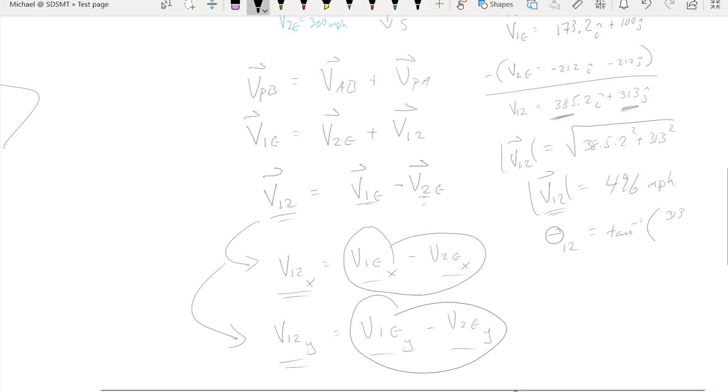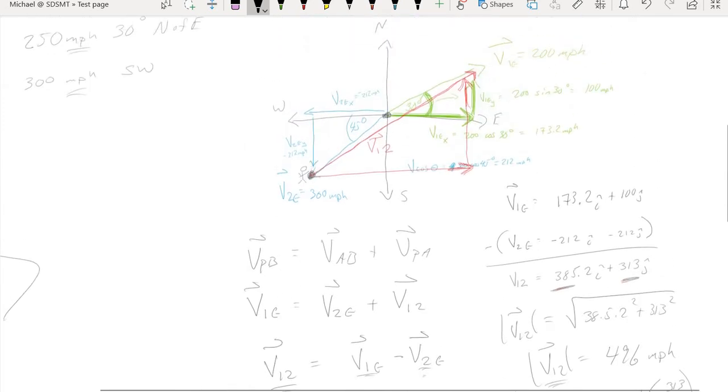We have 313 over 385, y component over x component. 313 divided by 385, and then we need an inverse tangent of that. And I'm getting right about 39 degrees. Well, 39 degrees with respect to what?